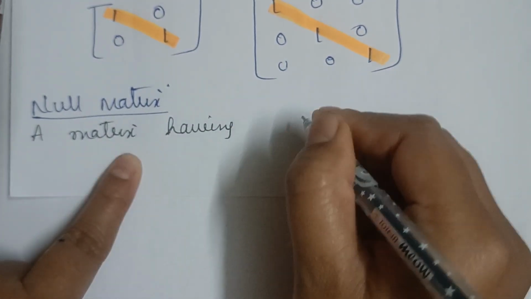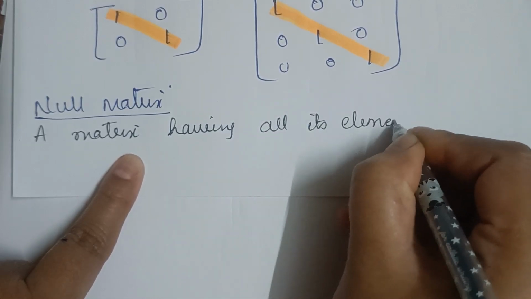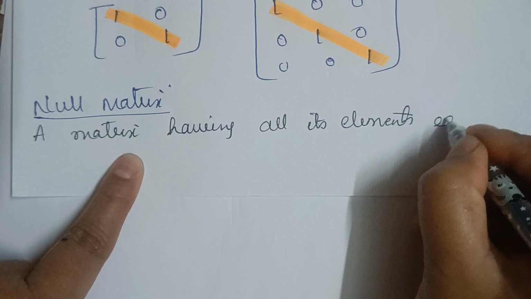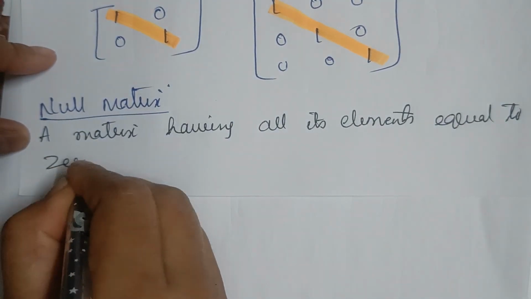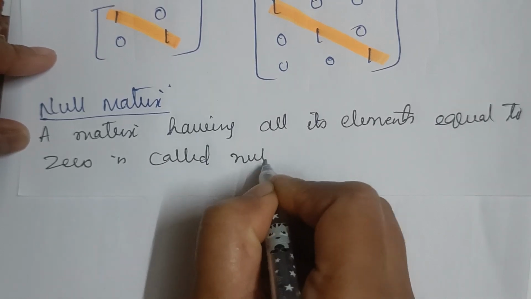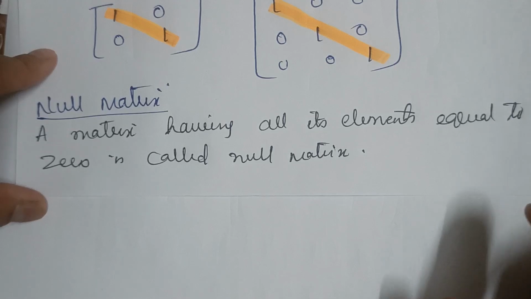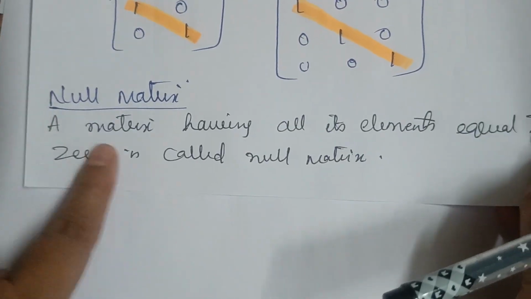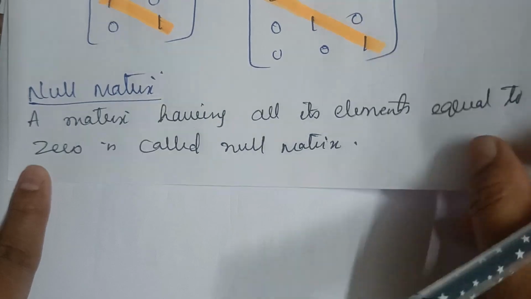A matrix having all its elements equal to 0 is called null matrix. You understood? Matrix having all its elements equal to 0 is called null matrix.